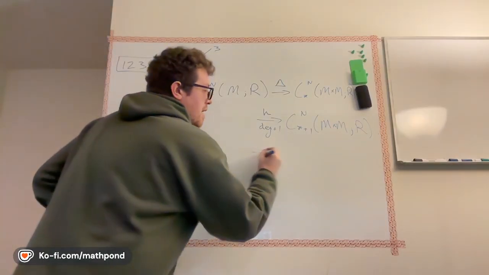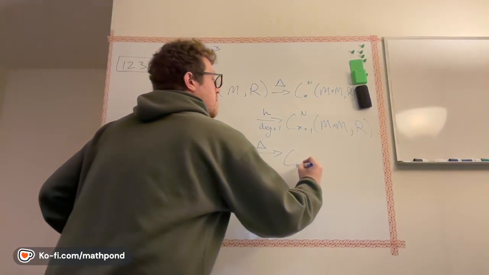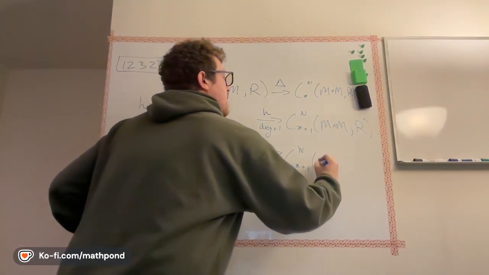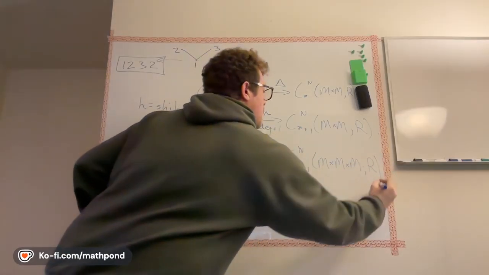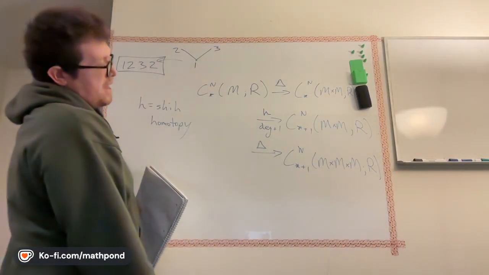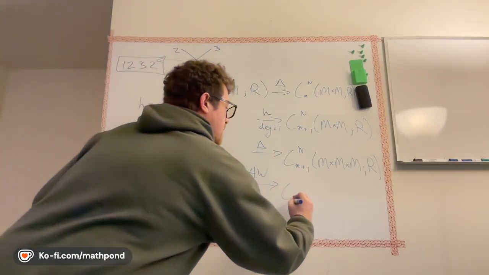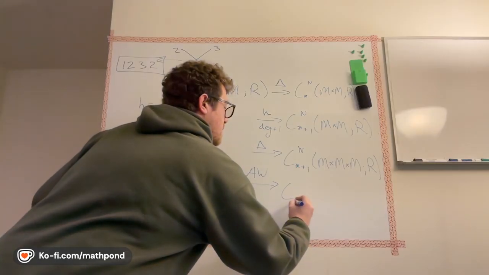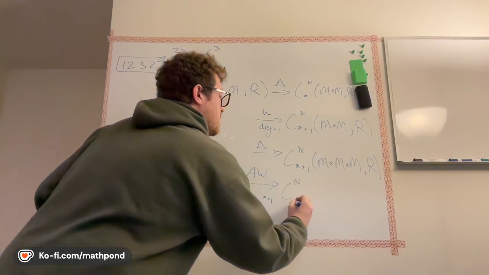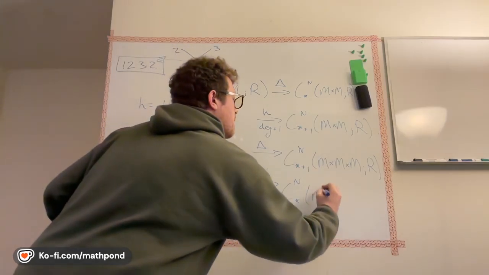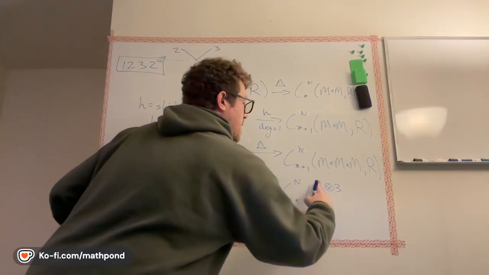Then we're going to apply another delta map. We're going to end up in C star plus 1 n m times m. And then finally we apply the Alexander-Whitney map to get tensor products. So it'll be star plus 1, M tensor product with itself 3 times, M comma R.